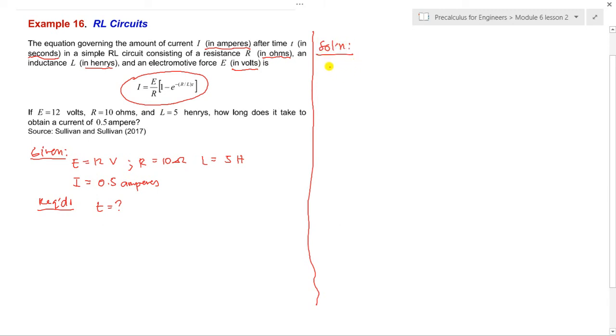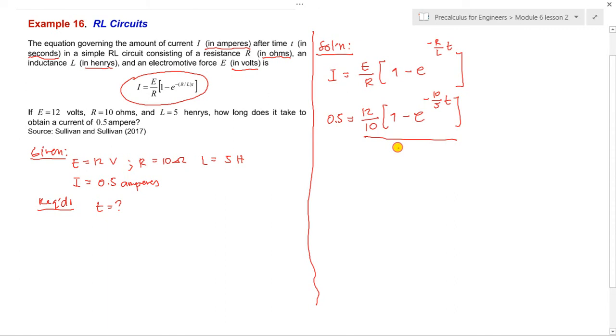From the given model, we have I equals E over R multiplied by 1 minus e raised to negative R over L times t. Since we have the givens, we just plug in. So I here is 0.5 equals E, which is 12, over R, 10, times 1 minus e raised to negative 10 over 5, times t.